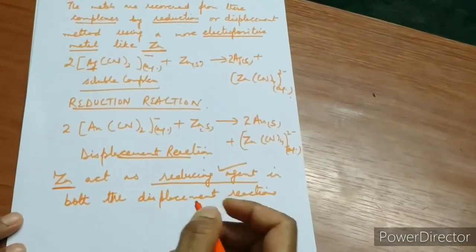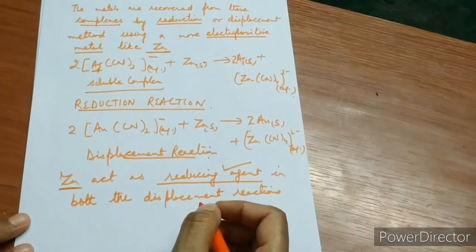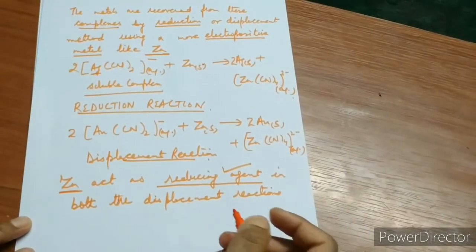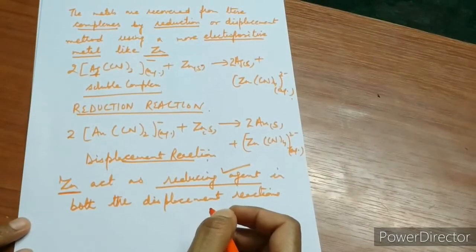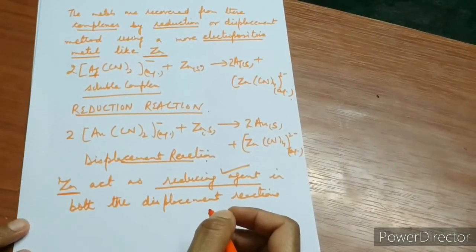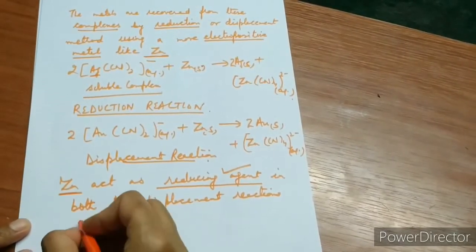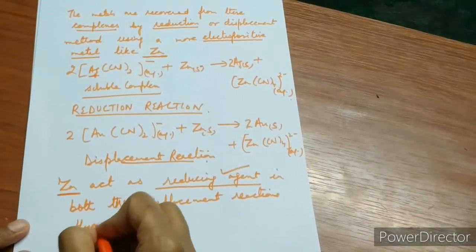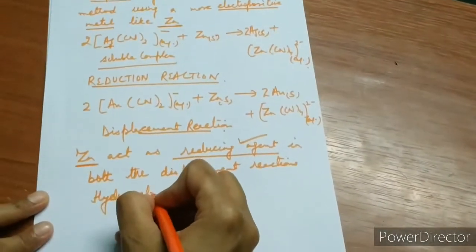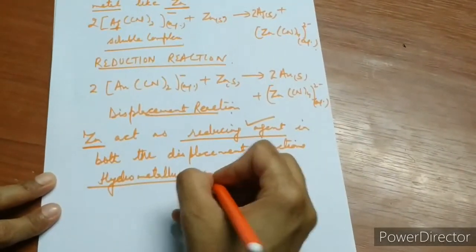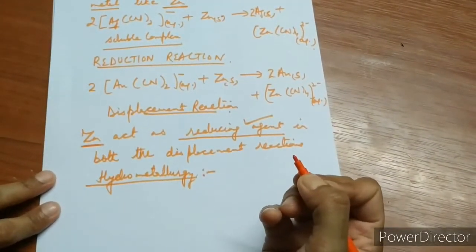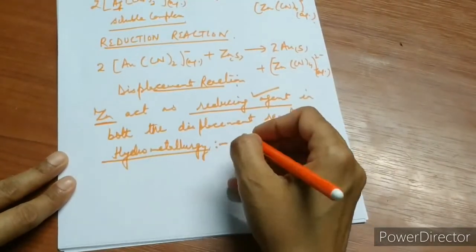So we conclude that extraction of copper from low grade copper ore, and gold and silver are also extracted from these ores by hydrometallurgy. So hydrometallurgy is the process by which the extraction of copper, silver, gold takes place. What is hydrometallurgy?